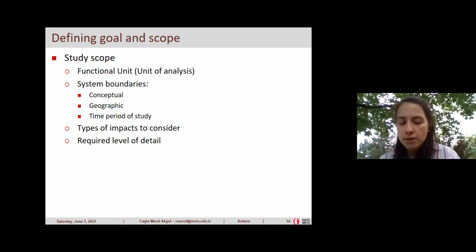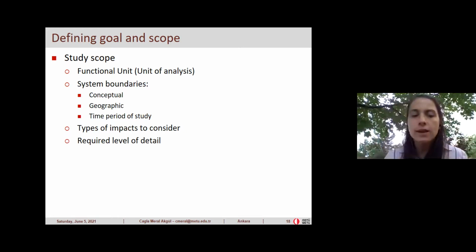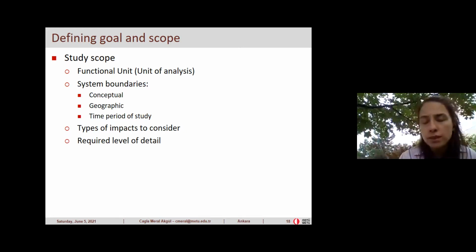The system boundaries can be conceptual, or they can be geographical. For example, I'm only going to work for Istanbul or Ankara, or you can do it for a time period. For example, I'm only going to do this for June or March. And types of impacts to consider, you should also think about that. And you also need to determine required level of detail.